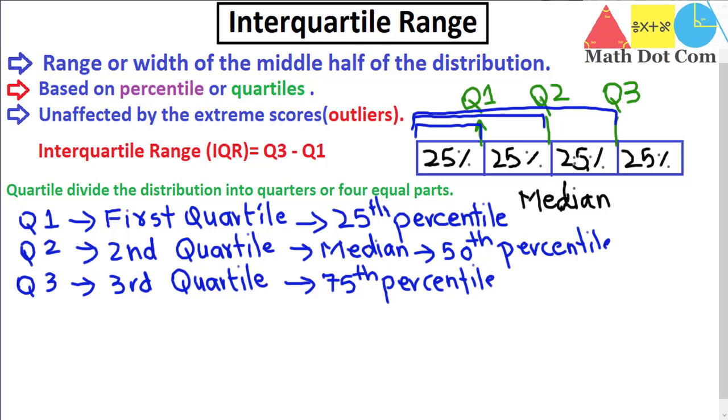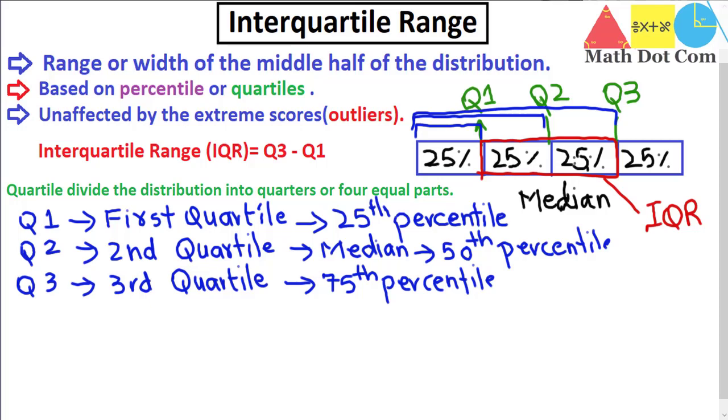So even if you get an outlier in your data set, it will not be a problem for you, because we are going to get the middle portion of the data. Which portion? This portion in the interquartile range. This is the IQR. So once we subtract Q1 from Q3, we will get the range of the data in between these two quartiles. So this is the basic concept behind the quartile.